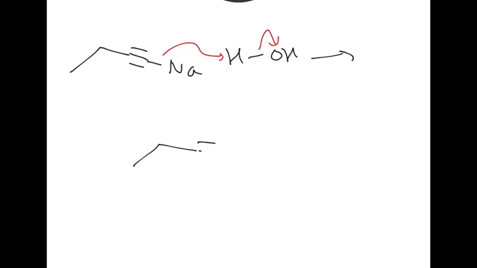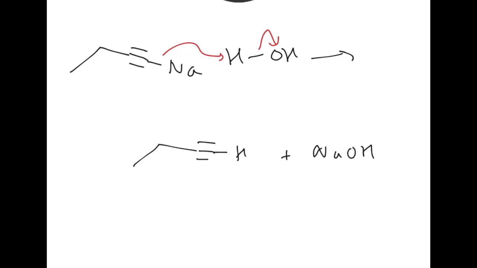So if I take my alkyne and then I add water to it, it's going to grab the hydrogen off of water and make the terminal alkyne and hydroxide. Right.